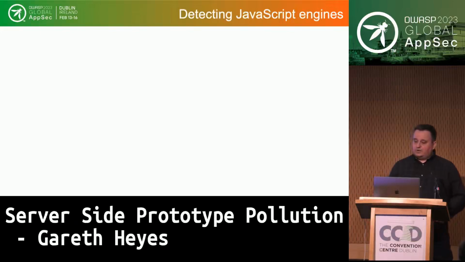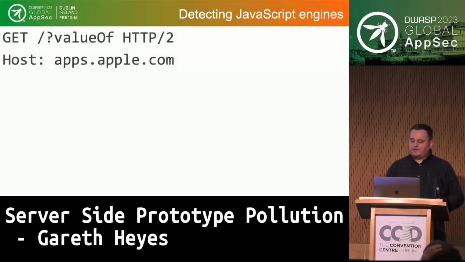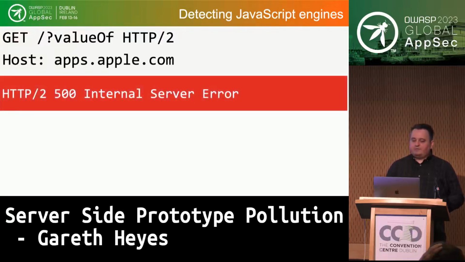So I went to see if more sites were reflecting objects in this way or behaving differently. And what I found was that you can use an inherited property such as valueOf as a GET parameter. And what happens with Apple, for example, I think they've taken this site down, but the valueOf property will return an internal server error. But if you follow up with valueOfX, it won't.